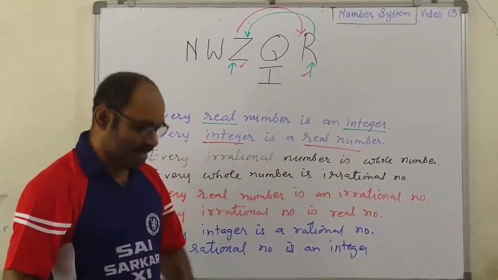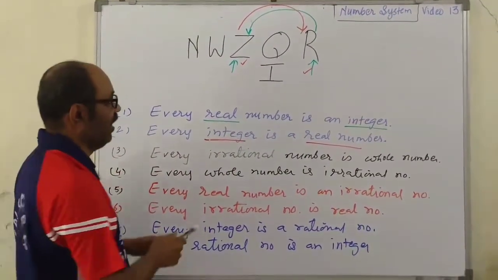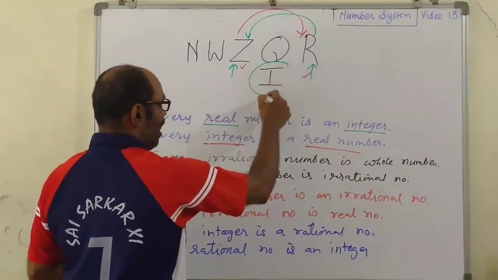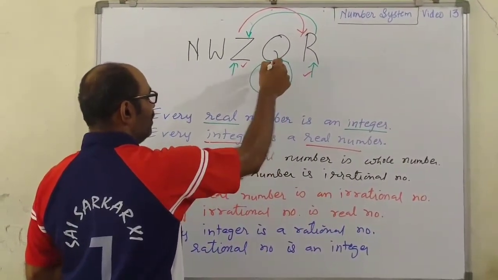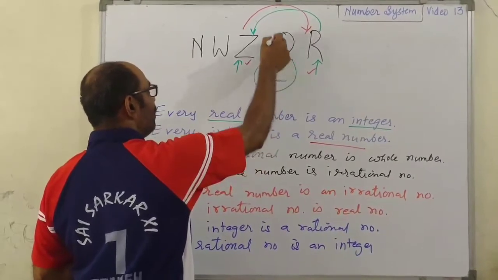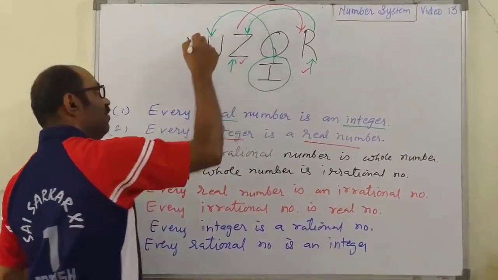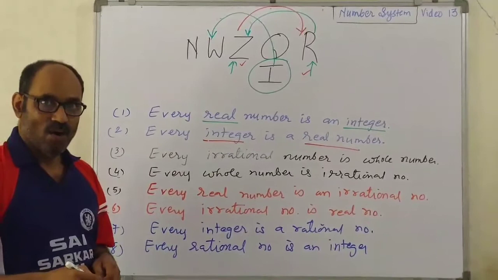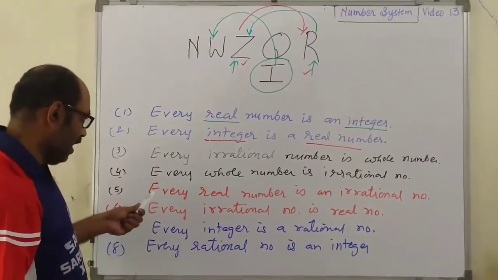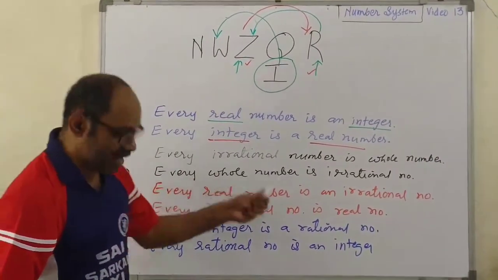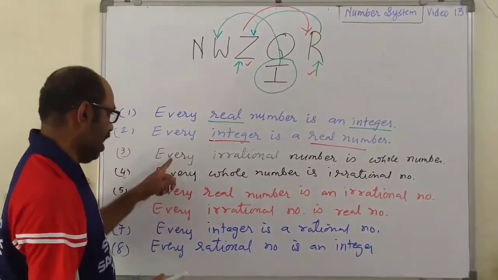Every irrational number is a whole number. Every irrational number here, so this is the arrow. Then fourth, every whole number is irrational.